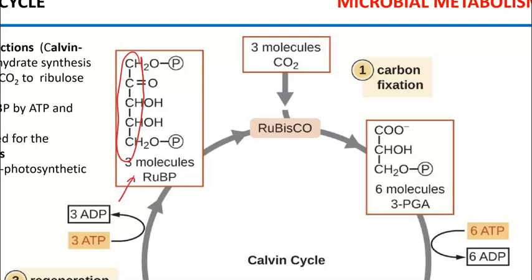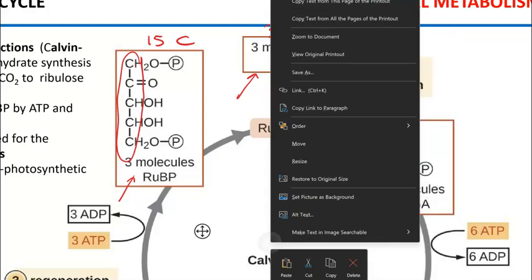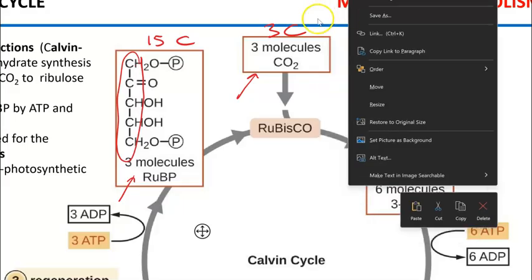So if we take 3 molecules of ribulose bisphosphate, we get 15 carbons altogether. Do you agree with me? How many carbons are in 3 molecules of carbon dioxide? 3. 15 plus 3 gives you 18. So how many carbons are in 6 molecules of phosphoglyceric acid? 18. There you go. For God's sakes.